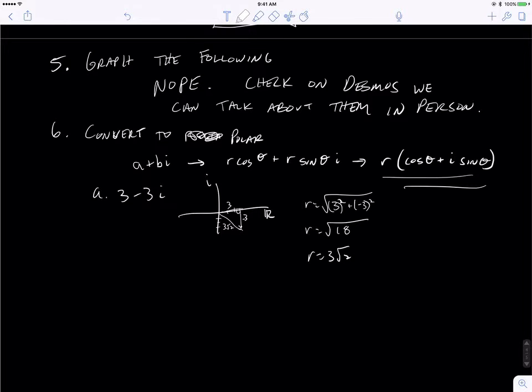So this is going to be 3 root 2 times. Now we just got to find out that angle. Well, like we said, that's negative pi over 4. So we go 1 pi over 4, 2, 3, 4, 5, 6, 7 pi over 4. So it's going to be cosine of 7 pi over 4 plus i sine 7 pi over 4. That's A.